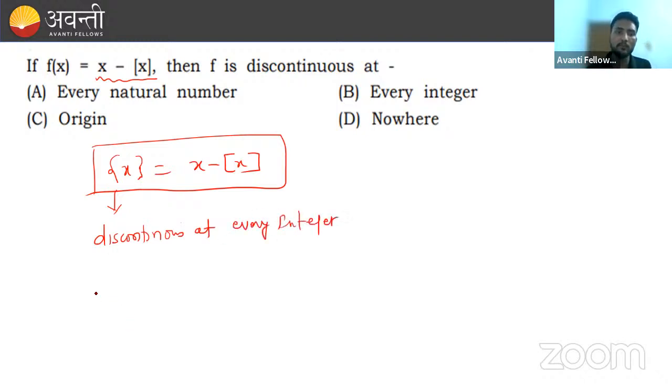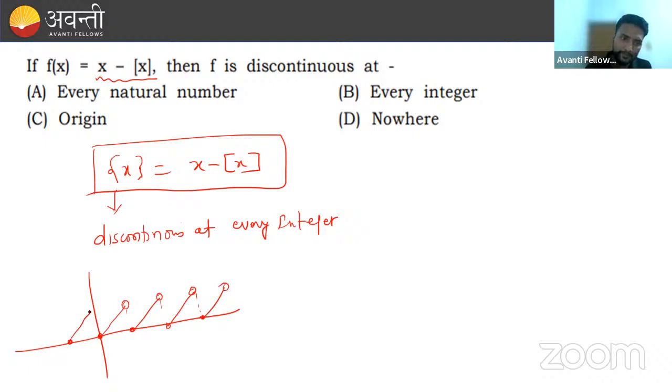I think you must know the graph also. If you know the graph of the fractional part of x, it is like this. At every integer, this is 1, this is 2, this is 3, there is a point of discontinuity.